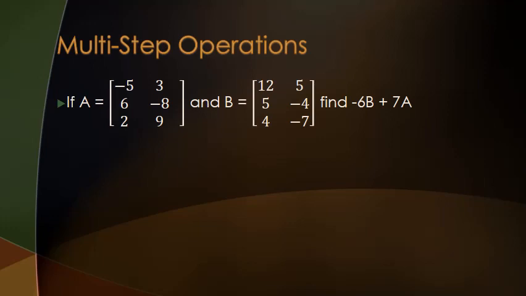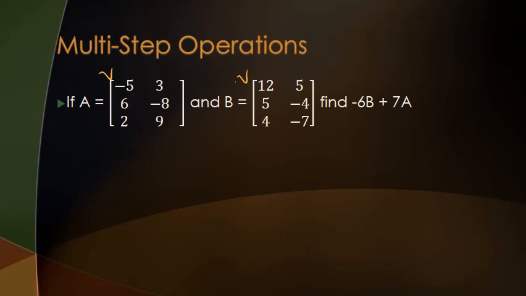So we're saying if A equals this matrix right here, -5, 3, 6, -8, 2, 9, and B equals this matrix, 12, 5, 5, -4, 4, -7, find -6B plus 7A.